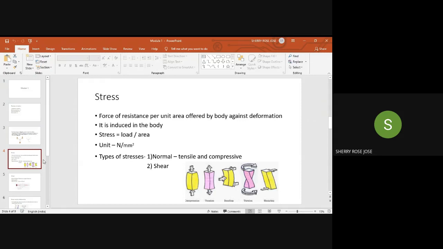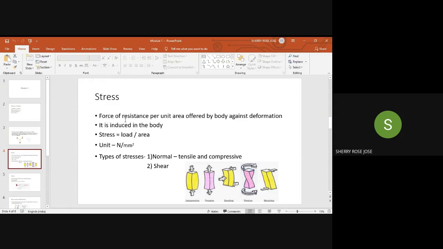When a load is applied on a body, take this figure. In this figure, a load is applied on this body, and when a load is applied like this, the body offers a resistance against this load. That resistance per unit area is termed as stress.